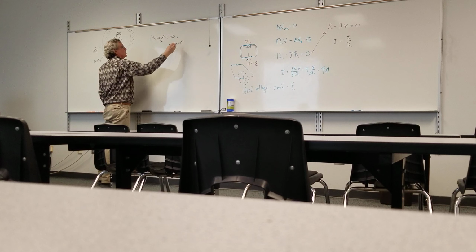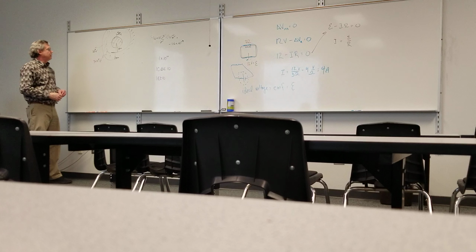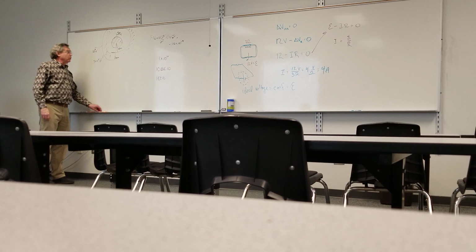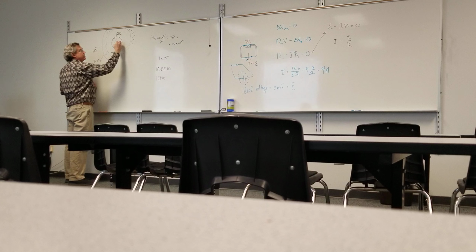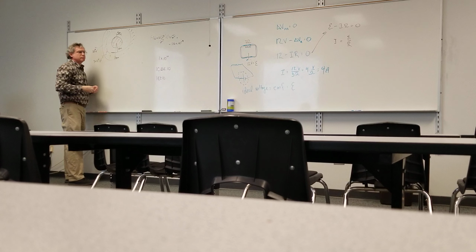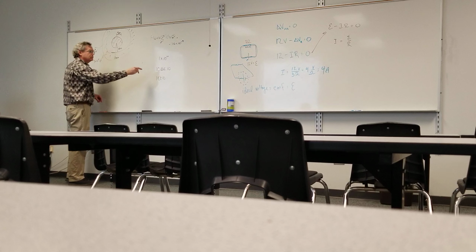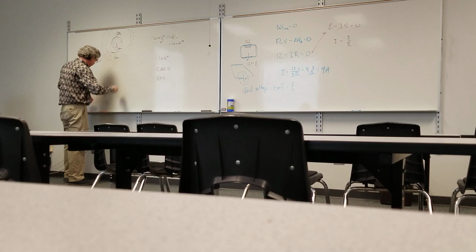Oh, okay, that's what I was doing. All right, I get it now. So the charge here at this point is going to be negative 1.6 times 10 to the negative 9th coulombs.